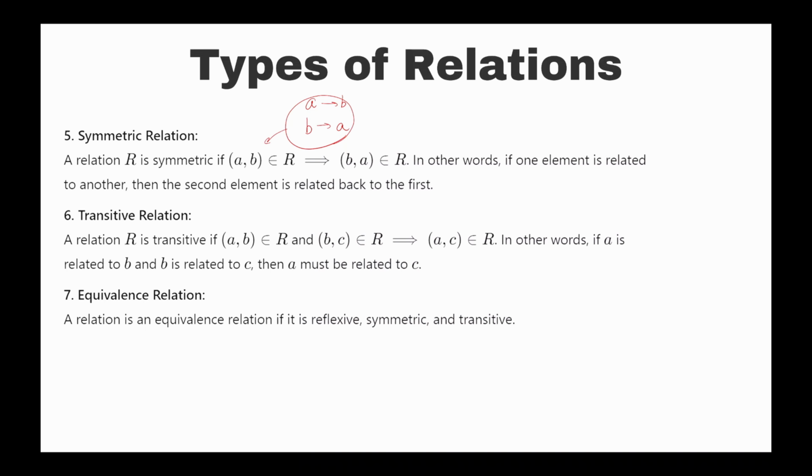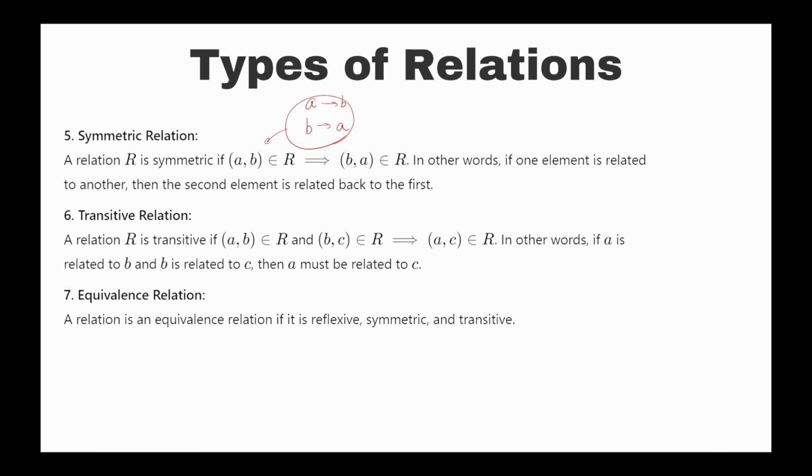Now talking about transitive relation, a relation R is transitive if A is related to B and B is related to C, then A should also be related to C. So from transitive, what can we make out? That A is related to B and B is related to C. Then what do we find out as the conclusion? A is also related to C. If this is the case, then we can say that it is a transitive relation.